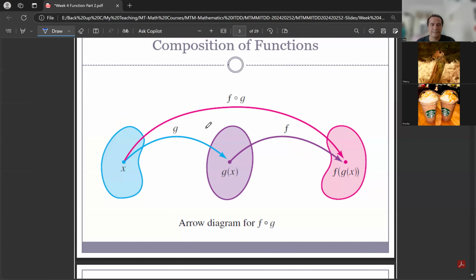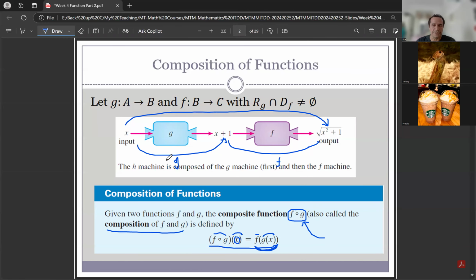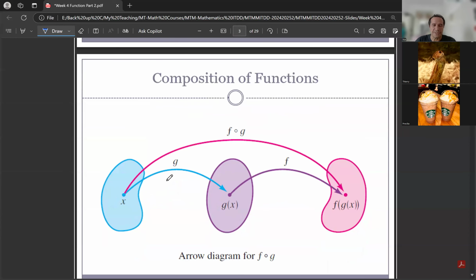As in the previous slide, we can imagine that the composition of function is a direct function from x to the composition, but actually there are two steps to get the end result, from g to f.